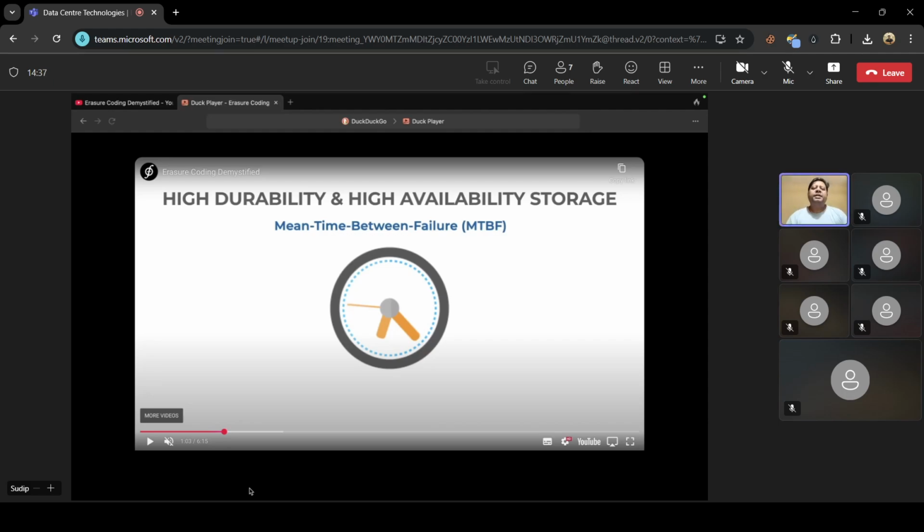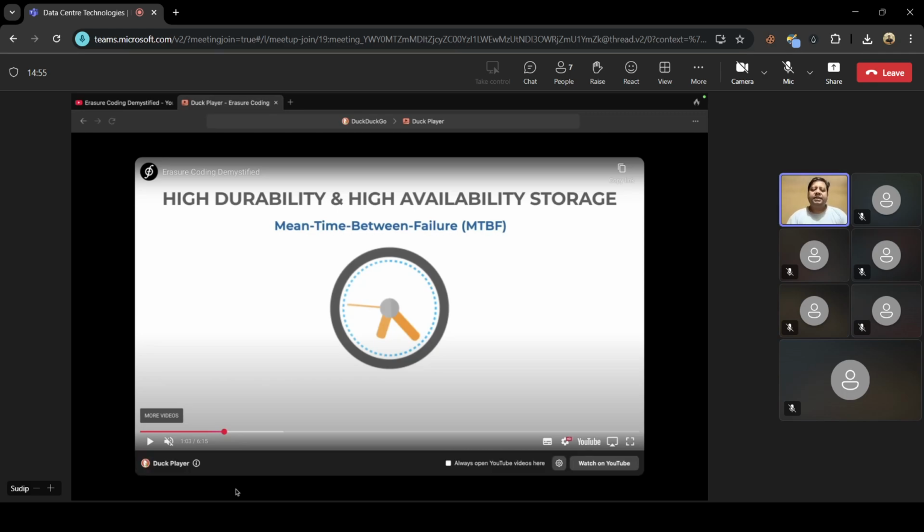It is the average time between setting up a particular disk and the time in which it is expected to last, or by when it will fail. That's the mean time between failure.